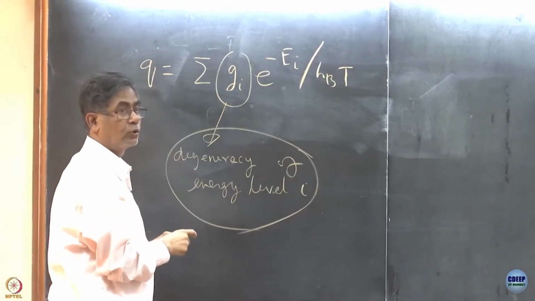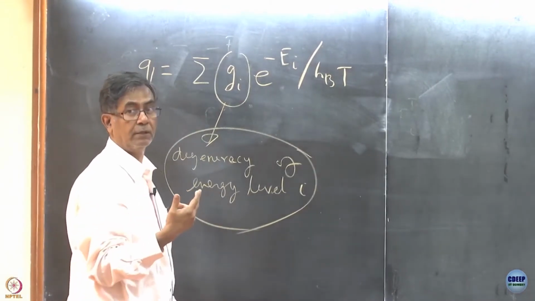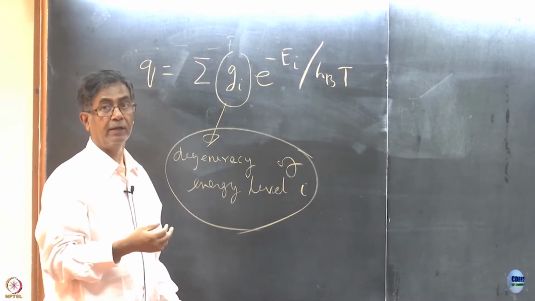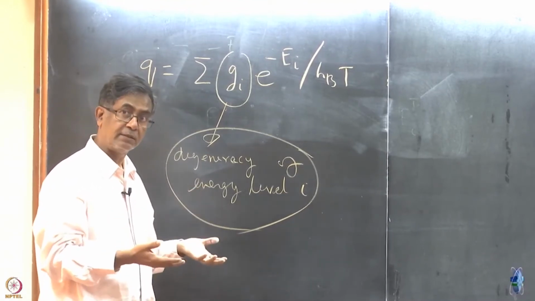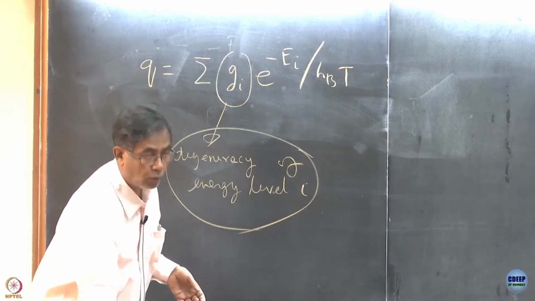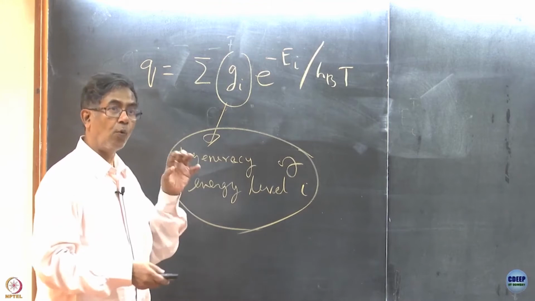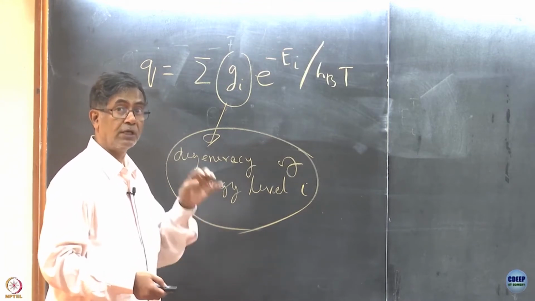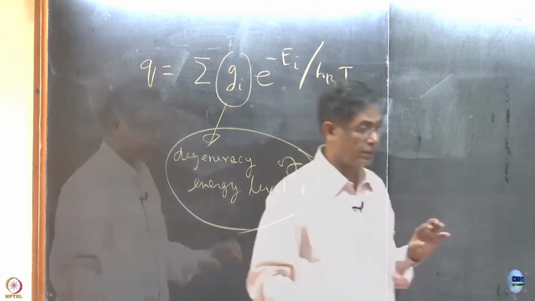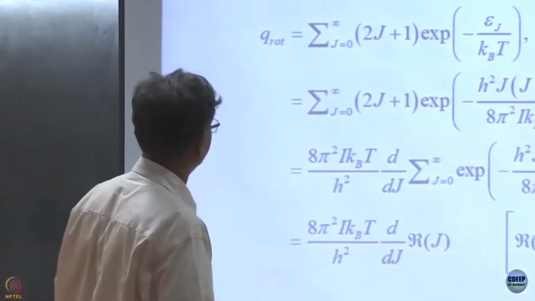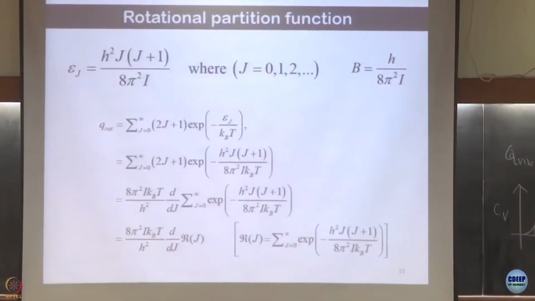It is just the weight. g is universally used as a weight factor, it is the density of states, and so it is essentially the weight of that, like in the radial distribution function again g is used. So g is almost universal for density of states, and this is the same thing. So, this is the density of states, 2J plus 1.